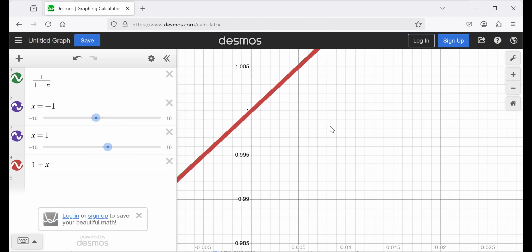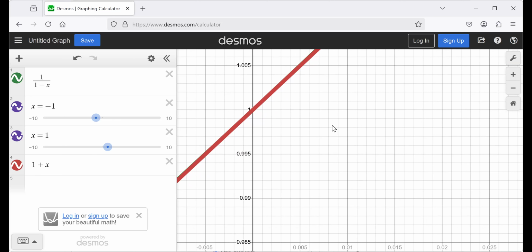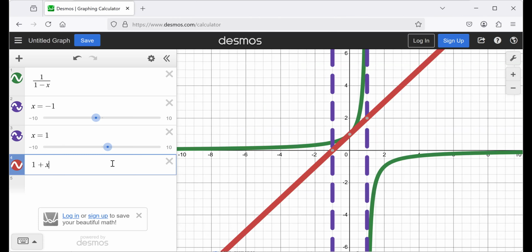You may remember from calculus 1 that functions look like their tangent lines if you zoom in enough, and that's what's happening here. This is the tangent line at 0, and if we zoom in, it looks like the tangent line.